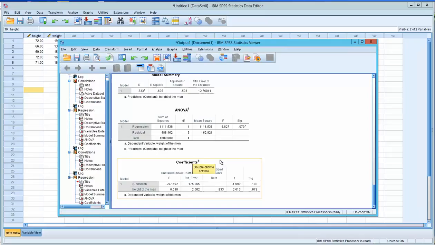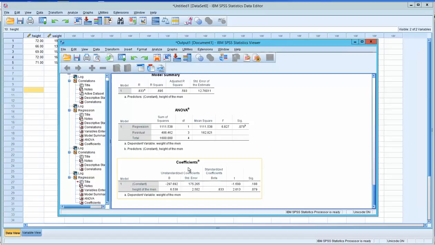The coefficients. Because remember, the regression model is always giving us y equals a plus bx. If you recall, y equals a plus bx. Now, what is our a and what is our b?